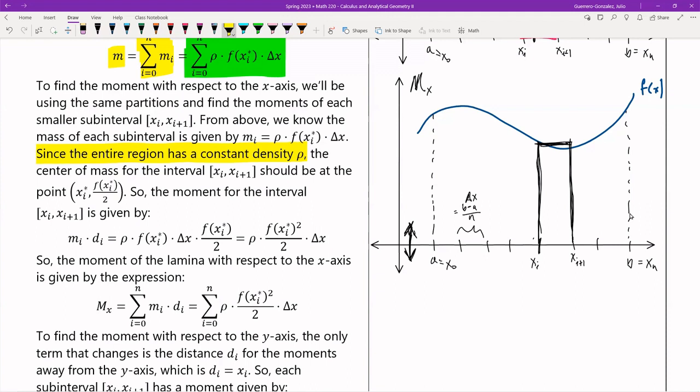Since that's the case, let me start here first. I have an xi star point that dictates the height for this thing. That's going to be f of xi star. So we're going to try to find the moment for just this sliver right here.